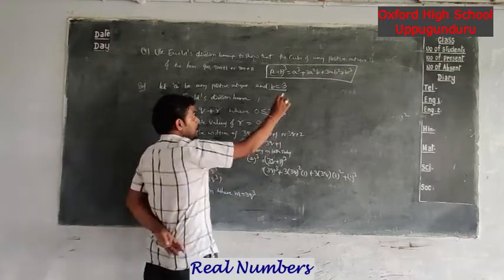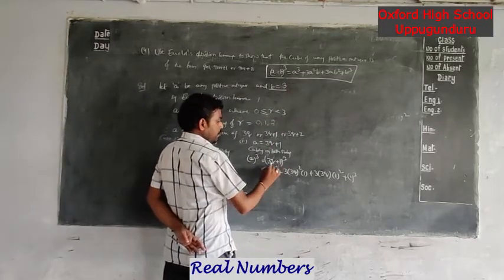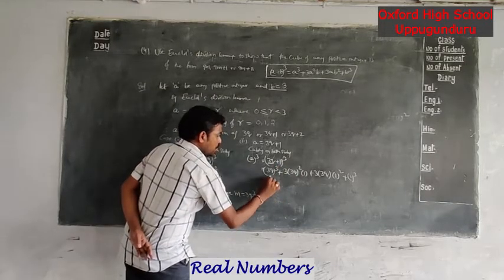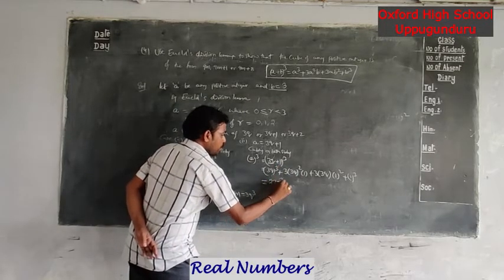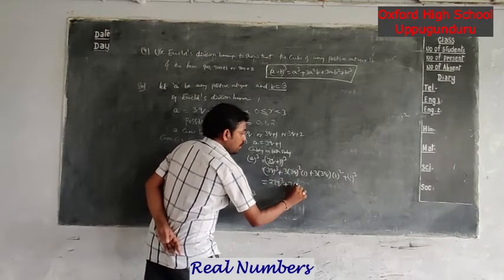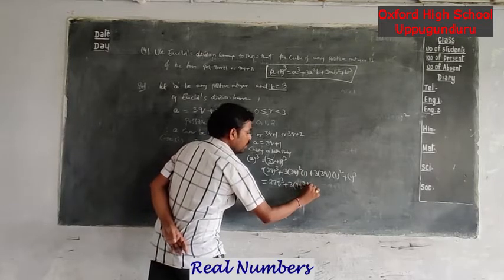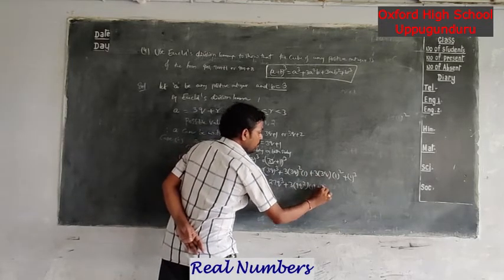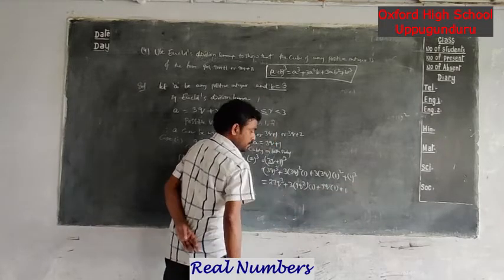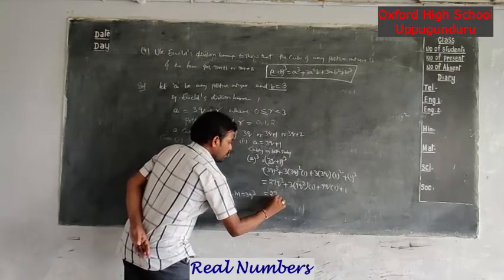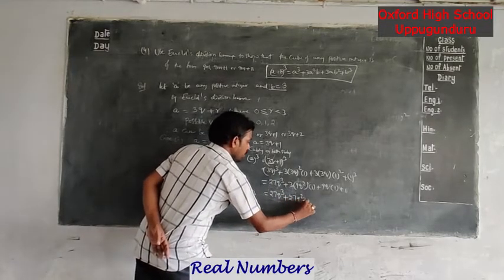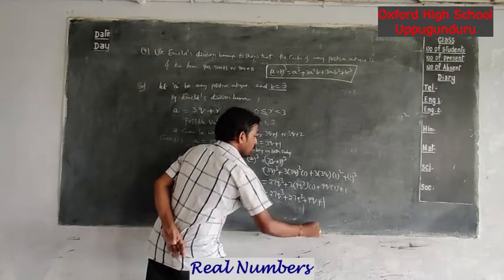Now 3q whole cube means 27q cube plus 3 into 3q square means 9q square into 1, plus 3 into 3q, 9q into 1 square, plus 1 cube means 1. Now 27q cube plus 27q square plus 9q plus 1.